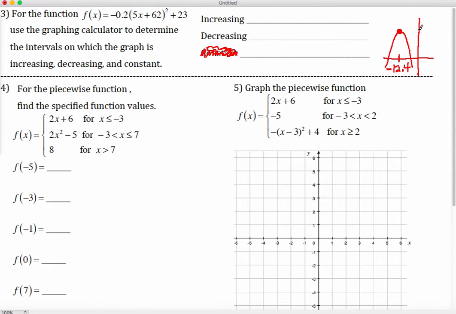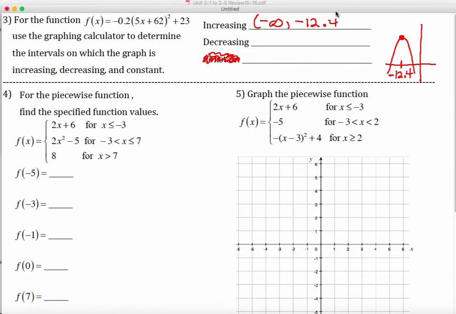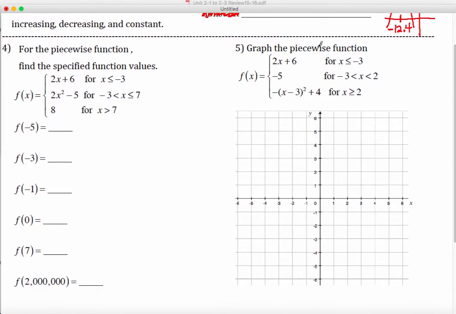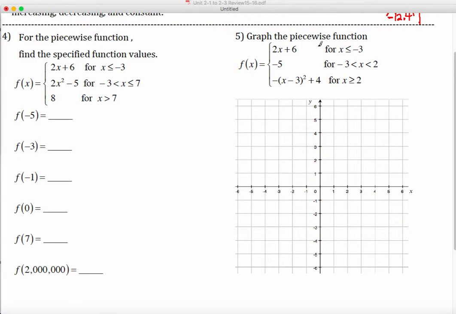I don't care that that y value was 23 because I'm not even going to use it. My graph is increasing from negative infinity up until negative 12.4, and then my graph is decreasing from negative 12.4 to infinity.